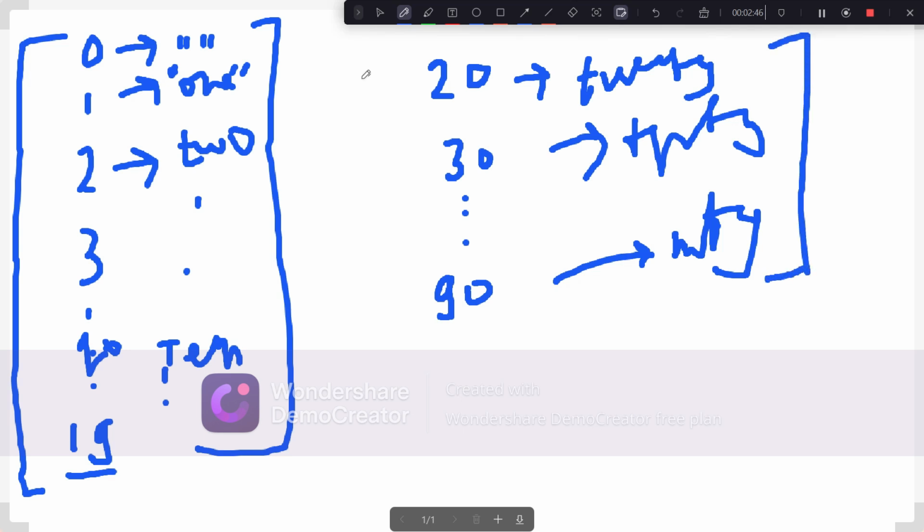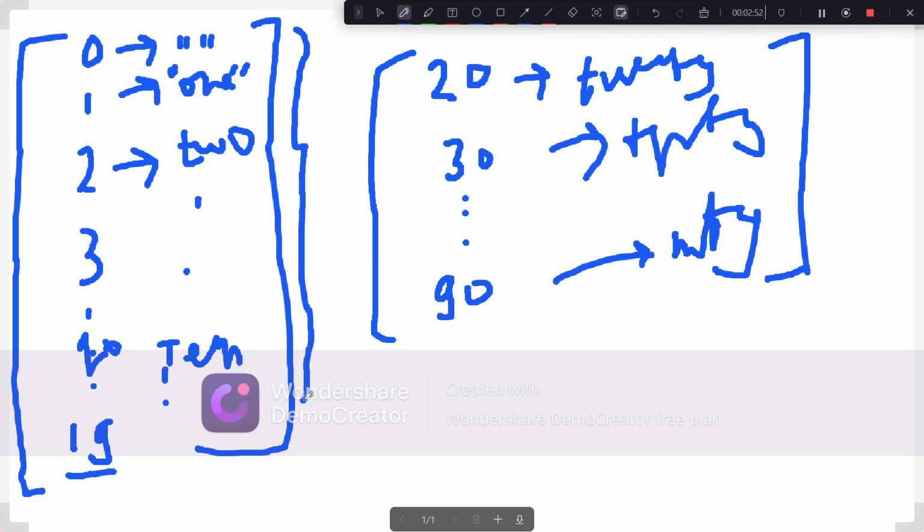This one is for values greater than or equal to 20, and this array is of size 20, starting from 0 to 19, storing the corresponding strings for those integers. So we would have these two string arrays, a mapping kind of structure, and we would be using these two arrays to get the final answer to our question.